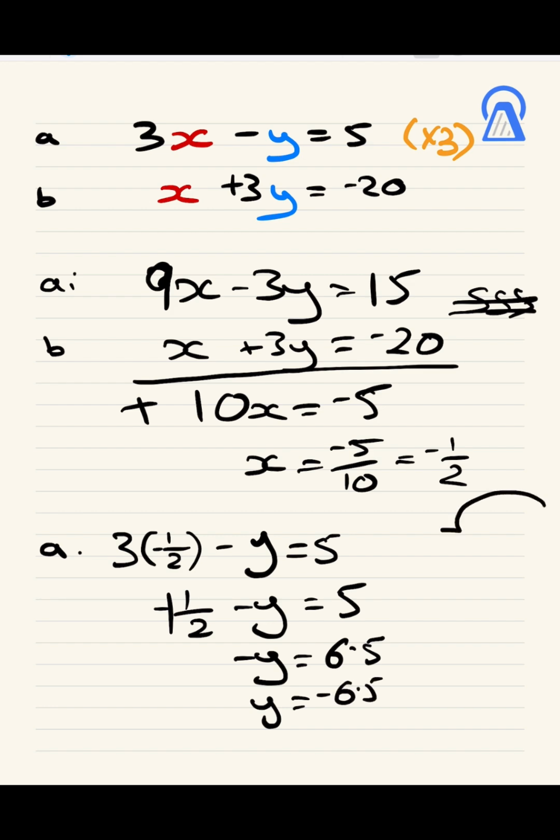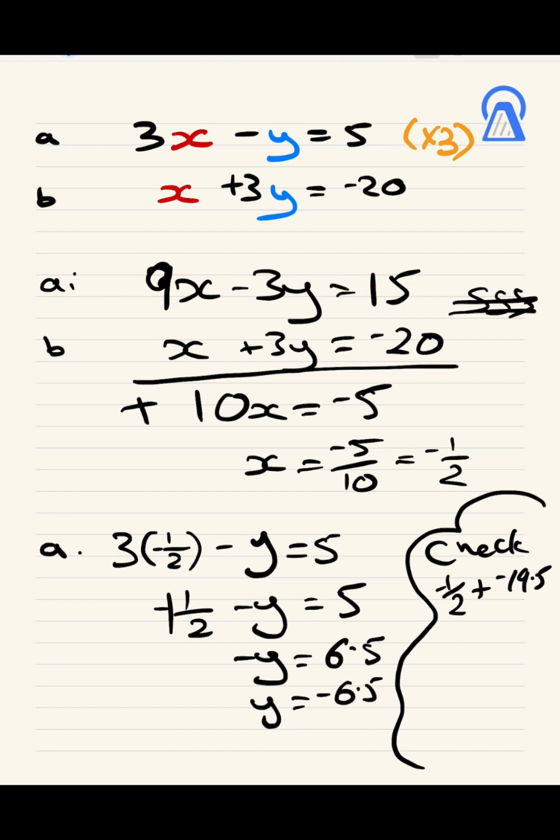Okay, remember, we must always check to make sure that we get the right answer with the second equation, which is B. So for B, I should have negative 1/2, 0.5, plus 3 lots of negative 6.5, which would give me negative 19.5.